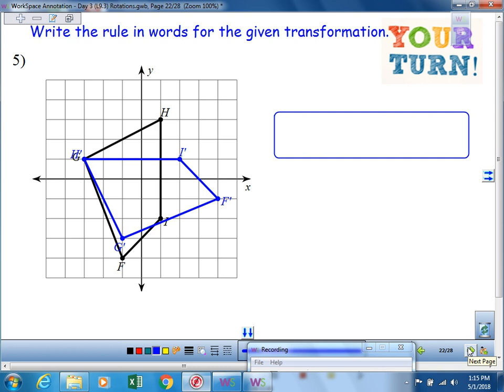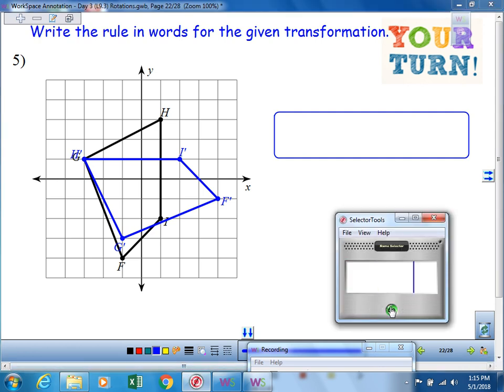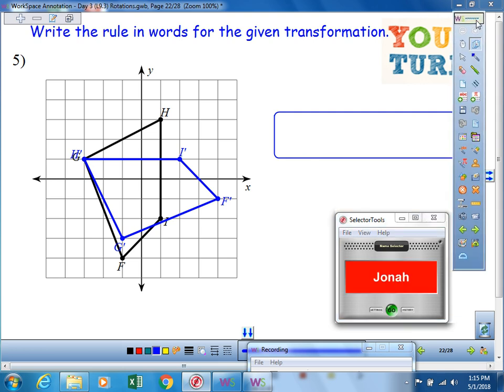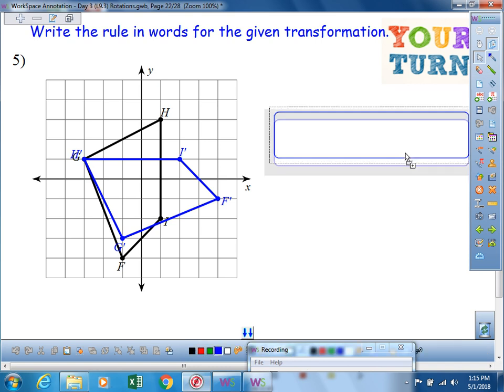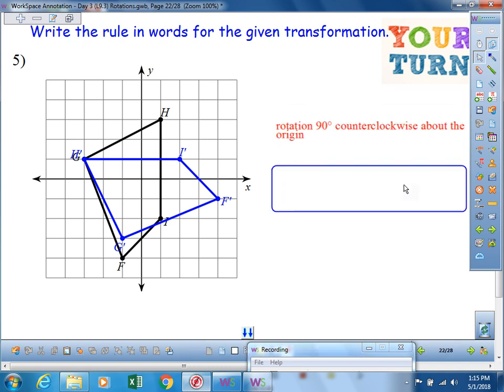Yeah. All right. Jonah, what'd you get? 90 degrees counterclockwise or 270 clockwise. Okay, on your homework, guys, just double check the rules because they could be mixed in. Okay?